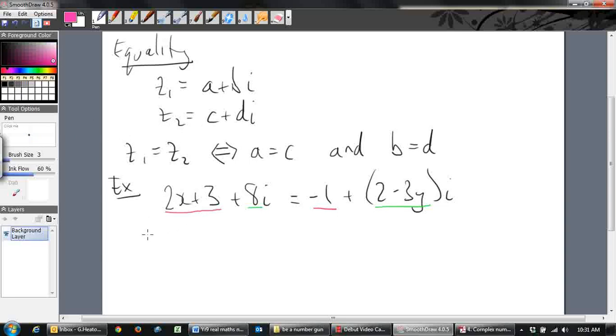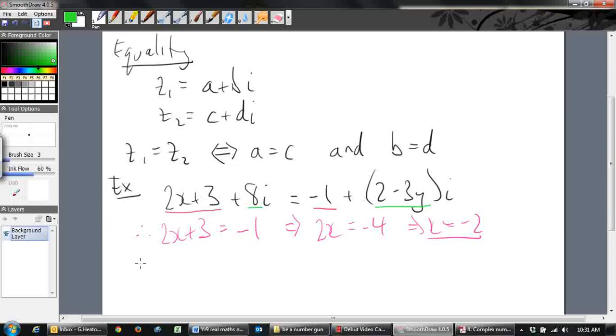Let's do the real part first. The real part is 2x + 3, which must be equal to -1. All we do is solve that equation. We move that 3 over, so 2x is equal to -4. Therefore, x equals -2. Easy.